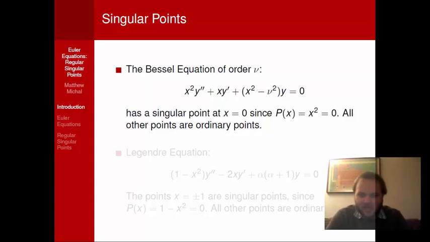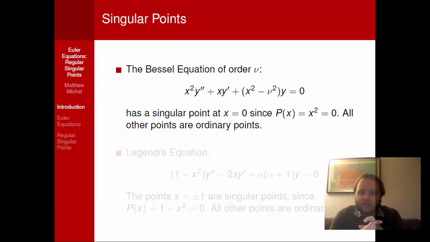Every other point, any non-zero value for x, is, surprise, surprise, ordinary. So in this case, I cannot use my previous slideshow about how to make ordinary solutions. That will not work in this case. It just will not work.